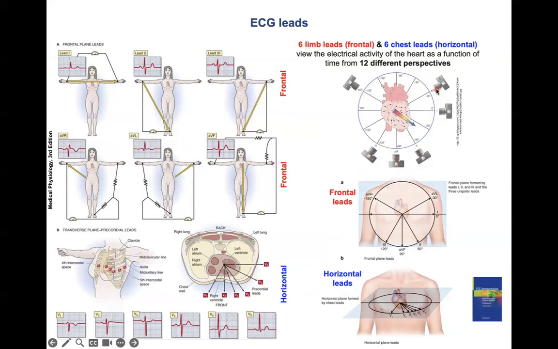But more details will follow. We can also add horizontal leads. So then we have here 6 frontal leads looking at the electrical activity of the heart from frontal perspectives, as we see here in the circle, and 6 chest leads looking at the electrical activity from horizontal perspectives, V1 to V6. The details will follow.